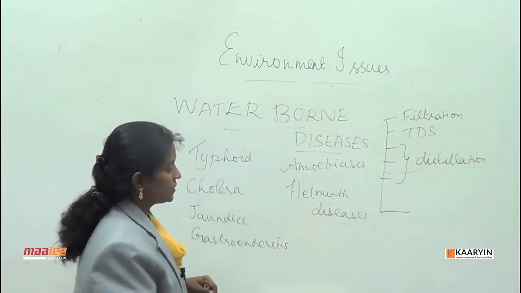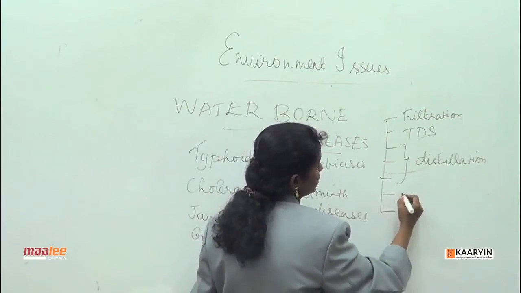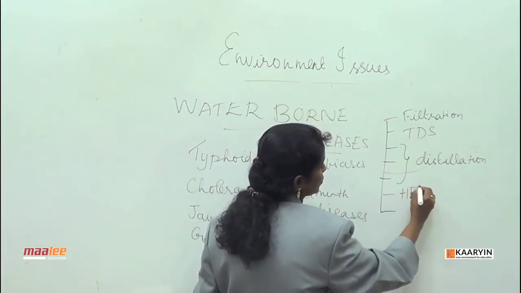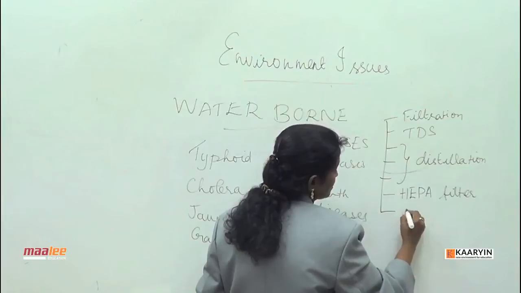So 3 plus 2, 5, then they go for addition of minerals, and then finally they use HEPA filters to filter the water, and then finally addition of minerals.